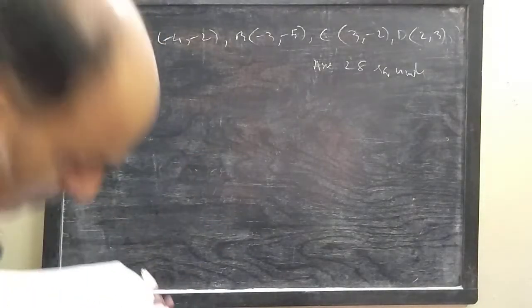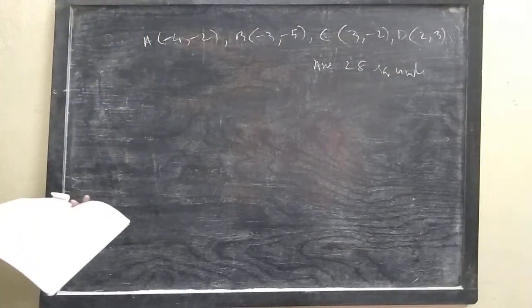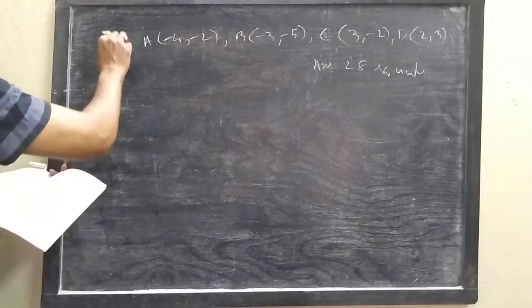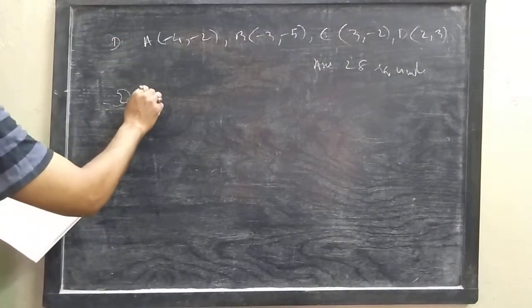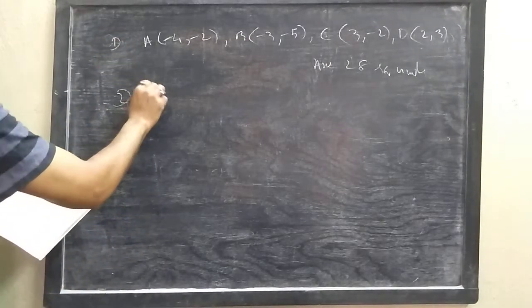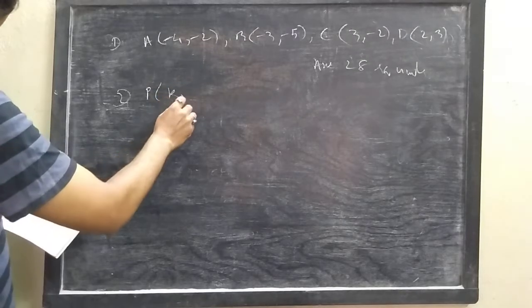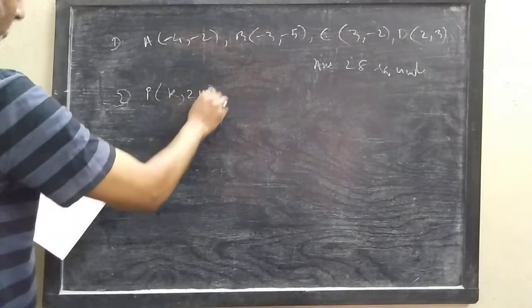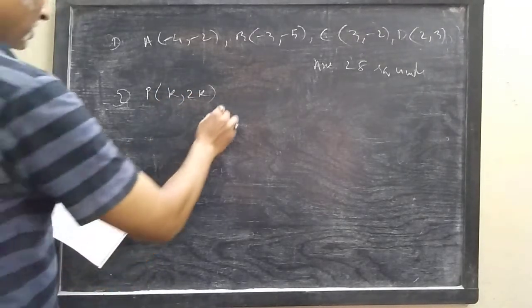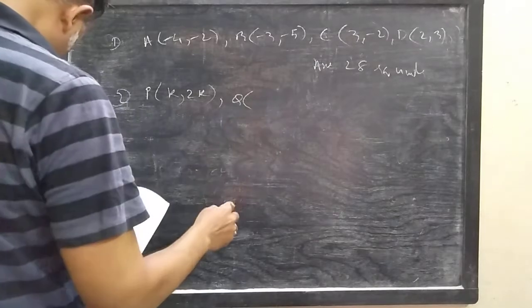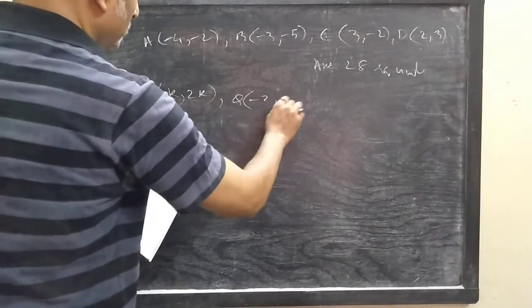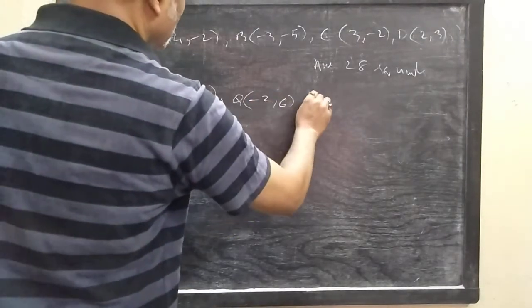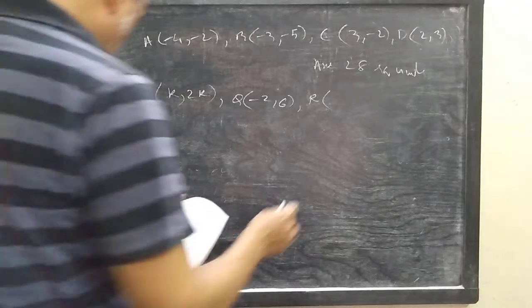Take another homework. This is 1, this is 2. Say P. P has coordinates (k, 2k). Q has coordinates (-2, 6). R has coordinates (3, 1).